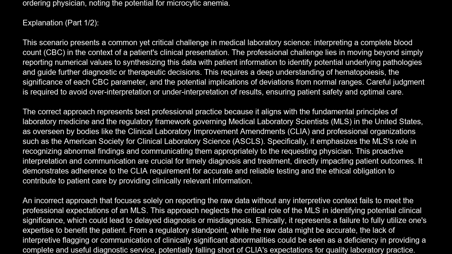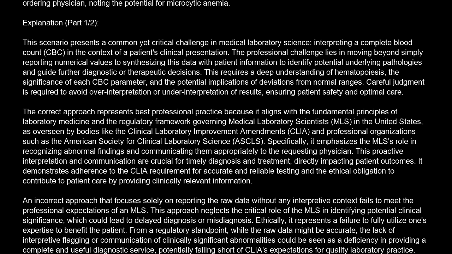Specifically, it emphasizes the MLS's role in recognizing abnormal findings and communicating them appropriately to the requesting physician. This proactive interpretation and communication are crucial for timely diagnosis and treatment, directly impacting patient outcomes. It demonstrates adherence to the CLIA requirement for accurate and reliable testing and the ethical obligation to contribute to patient care by providing clinically relevant information.